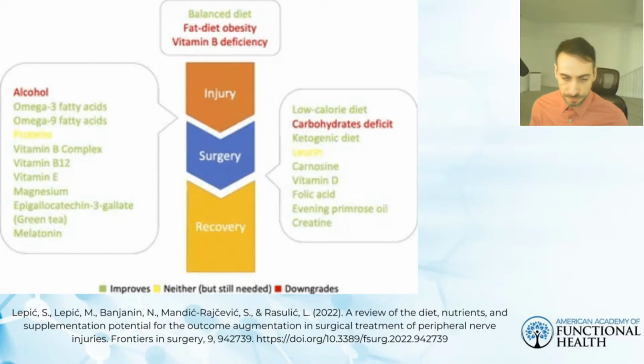On the top, we can see the predisposing factors. In red, we can see the factors that the authors call downgrade, but essentially the factors that can contribute to neuropathy, right? Those would be patients that are deficient in B vitamins, being overweight or obese, and now you know why, since Dr. Chill already covered that in the previous section.